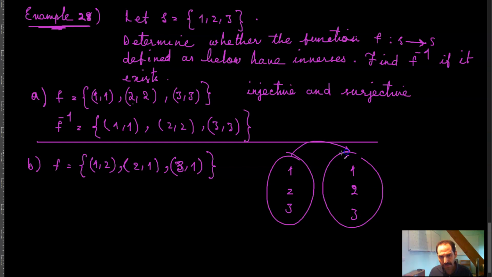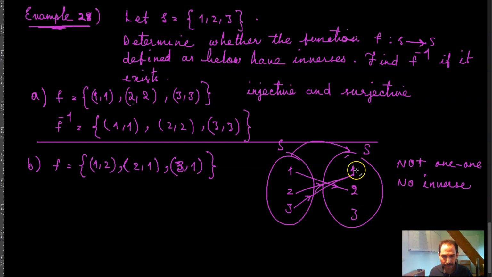Now here we have 1 to 2, then 2 to 1, and 3 to 1. As you can see, the function is not one-to-one. Since it is not one-to-one, there is no inverse. It cannot have any inverse.